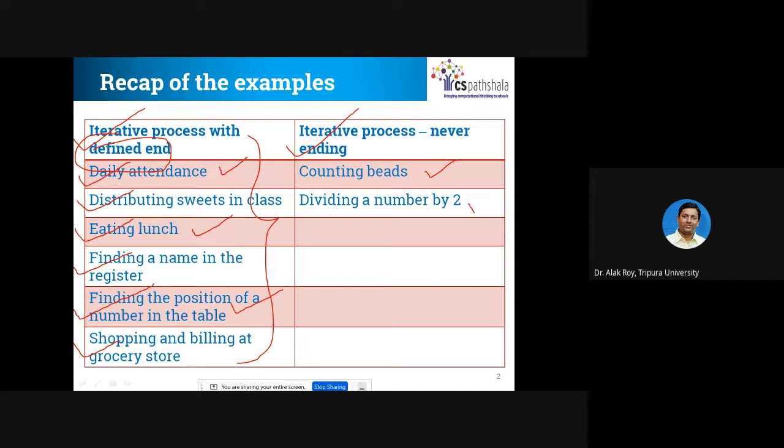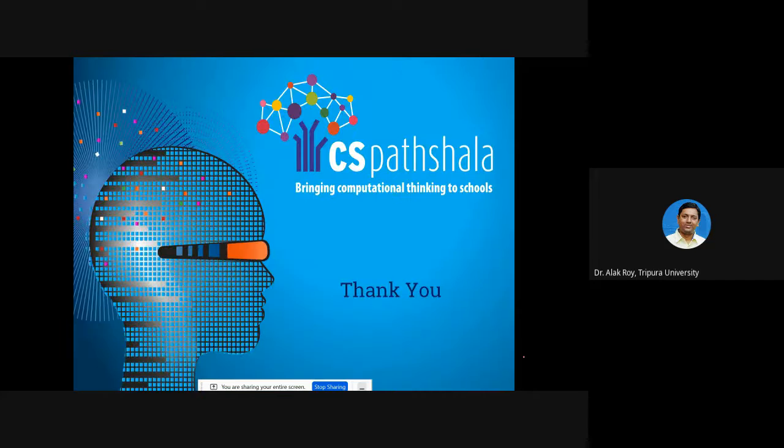Dividing a number by 2, which I have shown with example 13, is also a never-ending process. So this should be clear to you, that you have just now learned iterative process with a defined end and iterative process that is never-ending.